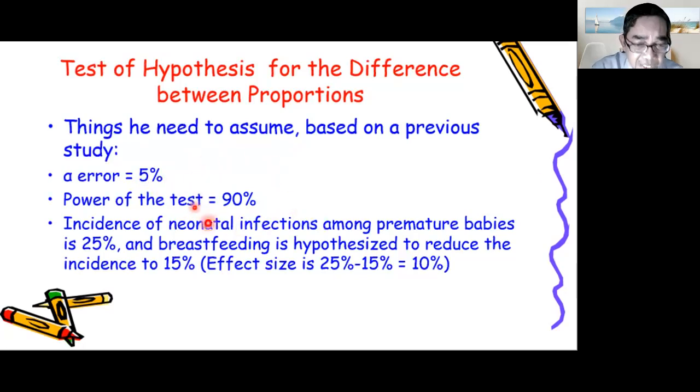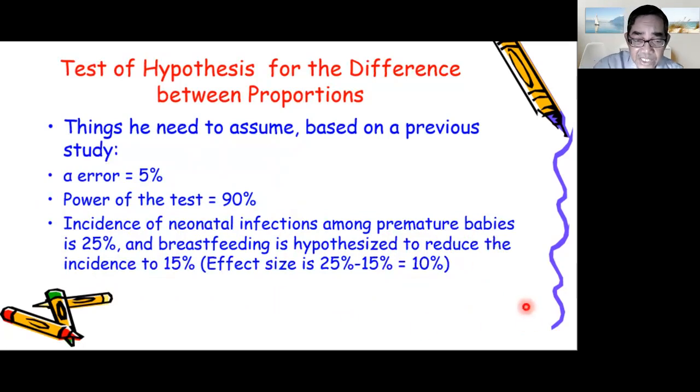Power of the test is 90, again arbitrarily assigned by the investigator. And incidence of neonatal infection among premature babies is 25% based on a previous study. I gave this example many years ago when there was not much study yet on this. Anyway, breastfeeding is hypothesized to reduce the incidence to 15%. So the effect size is 10%.